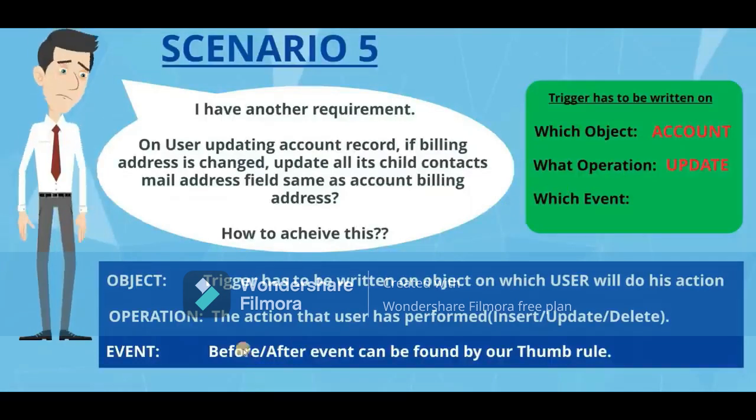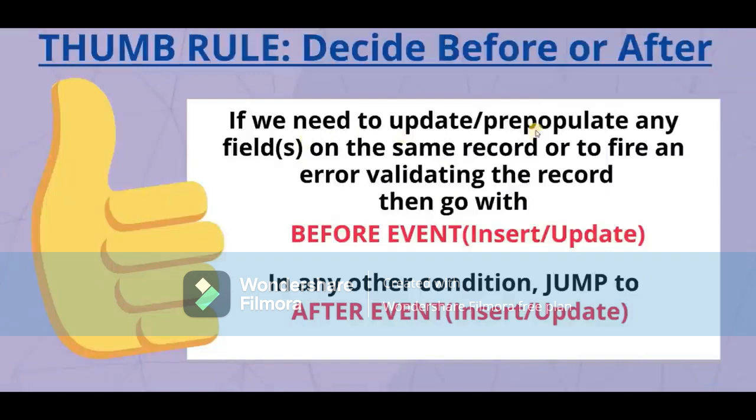And finally, the event. Before or after event can be found by our thumb rule. So what does our thumb rule say? If we need to update or pre-populate any field on the same record, or to fire an error validating the record, then go to before event. In our scenario, we need to update records, however we need to update its child records, not the same record.